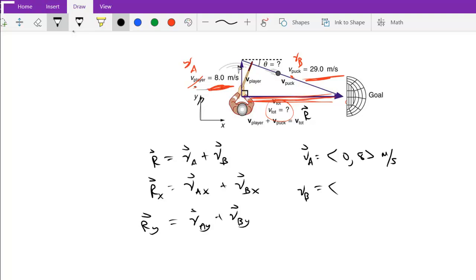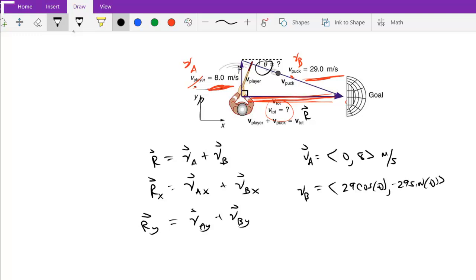The x component will be 29 meters per second times, using reference angles here, and this will be in the fourth quadrant, so the x will be positive. This is 29 cosine of theta. And the y component, because it's in the fourth quadrant, will be negative, so this would be negative 29 sine of theta.